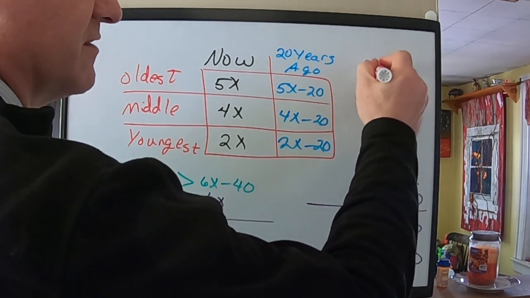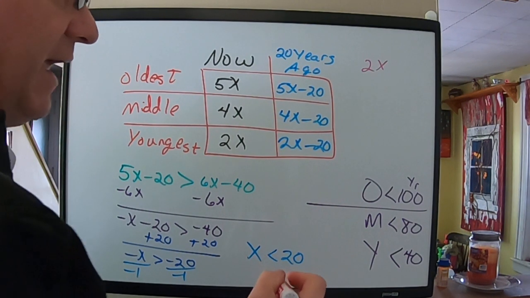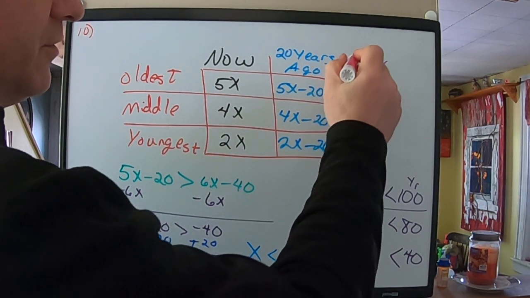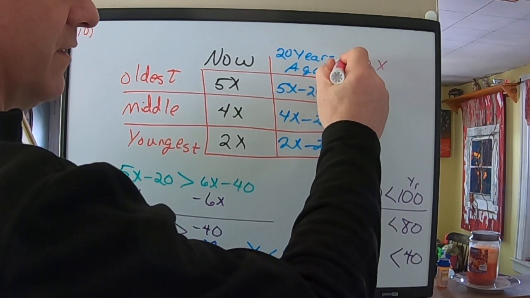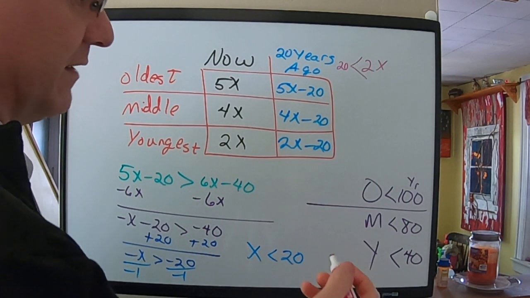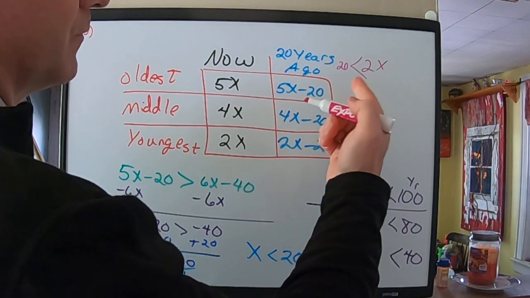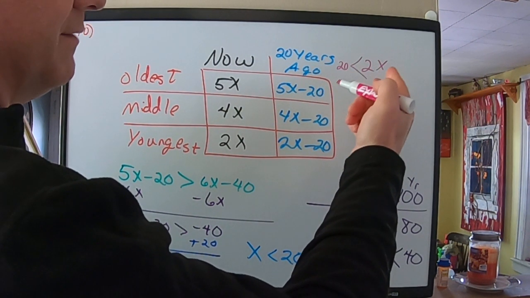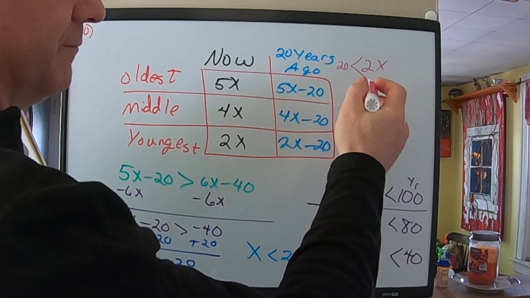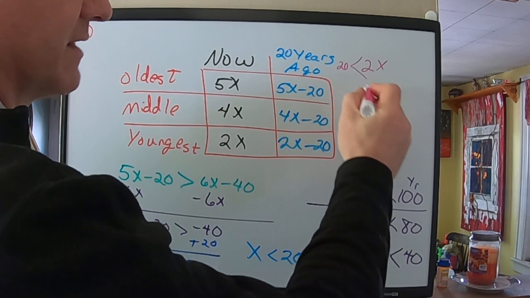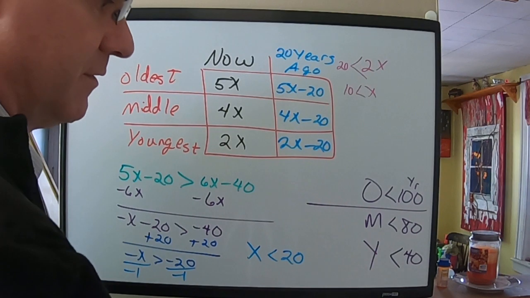The 2x value of the youngest has to be greater than 20, or equal, well, it could equal 20, but it can't be less than that. It has to be more than that. I guess it could equal, but we'll just use greater than. If I divide by 2, then x has to be greater than 10.